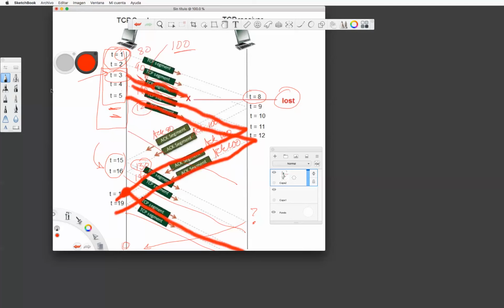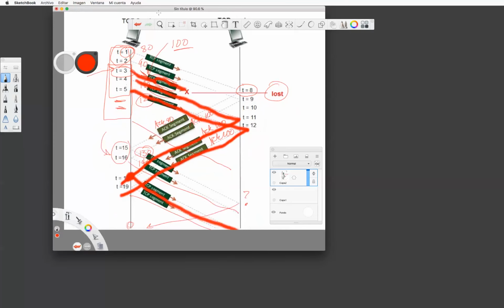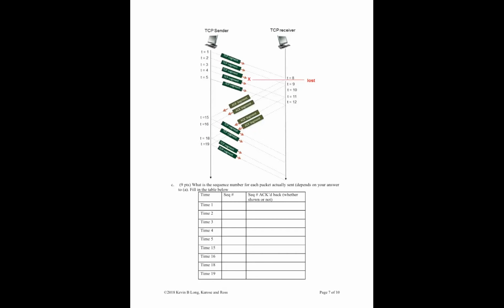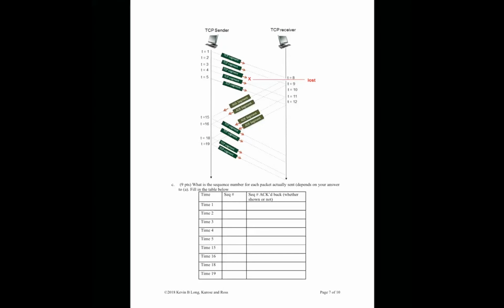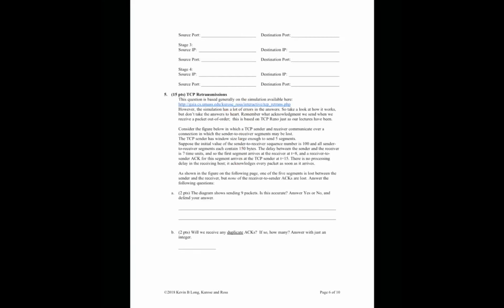All right, so that was one of the questions that I was asked to go over. The other one is 5C. So let me get back to this. 5C is just basically documenting what you've learned. So if we start at a certain sequence number, and maybe I gave you a sequence number, I think I did.